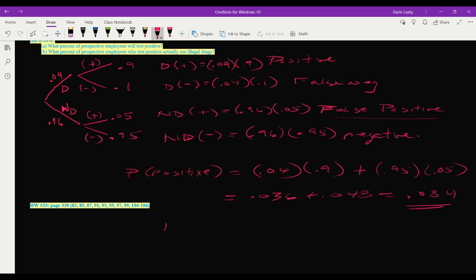Now they want the probability for B. They want the probability that they took the drug and they tested positive, which is going to be the probability of the conditional statement, drug given positive, divided by, let me go backwards here.